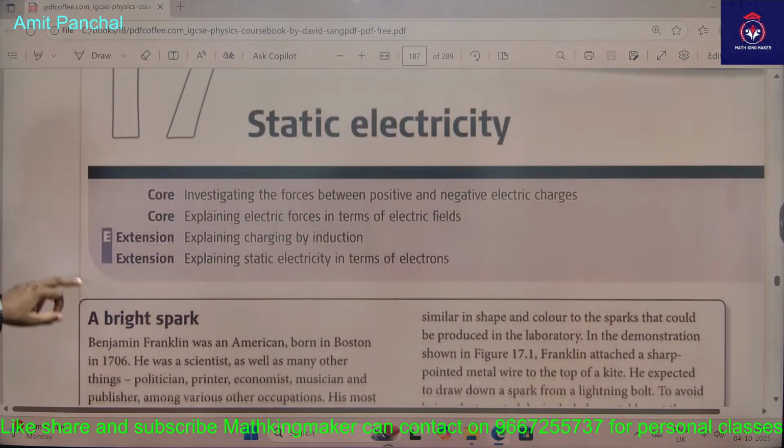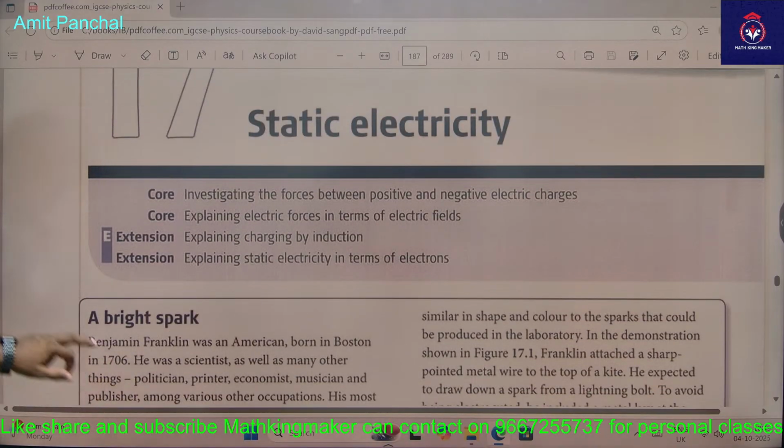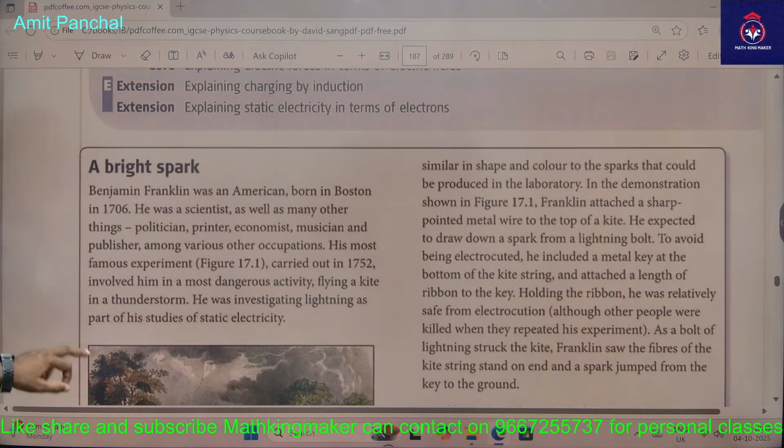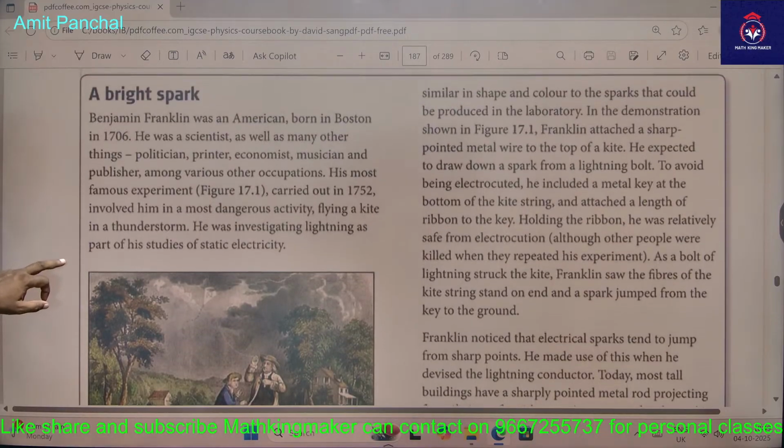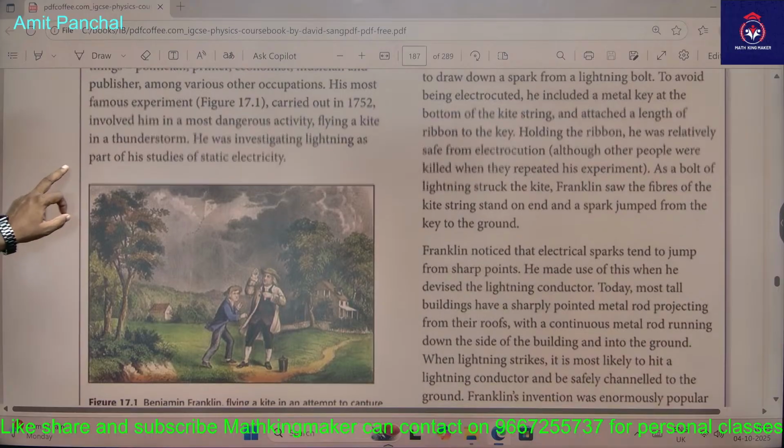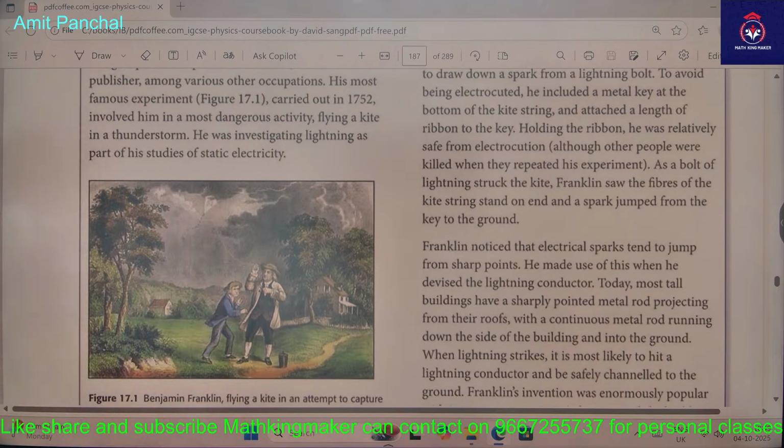Okay. Static electricity. There are sparks in a cloud. You can see that. That is called static electricity.